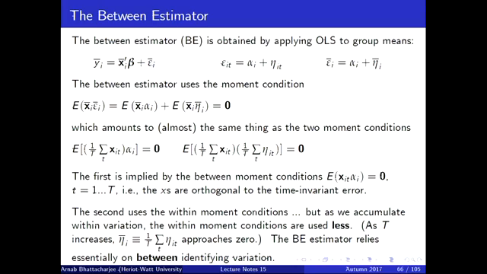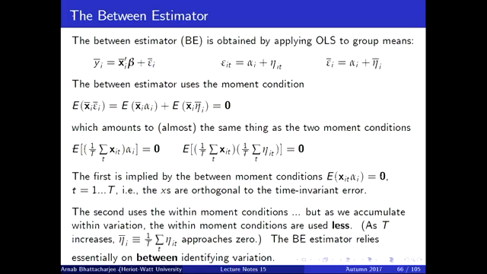But the important assumption has to be that alpha i is uncorrelated with this, so it's orthogonal with x i bar. If alpha i has to be orthogonal with x i bar, it has to be orthogonal with x i1, x i2, and so on up to x iT, all the time points. Those are the components of x i bar.